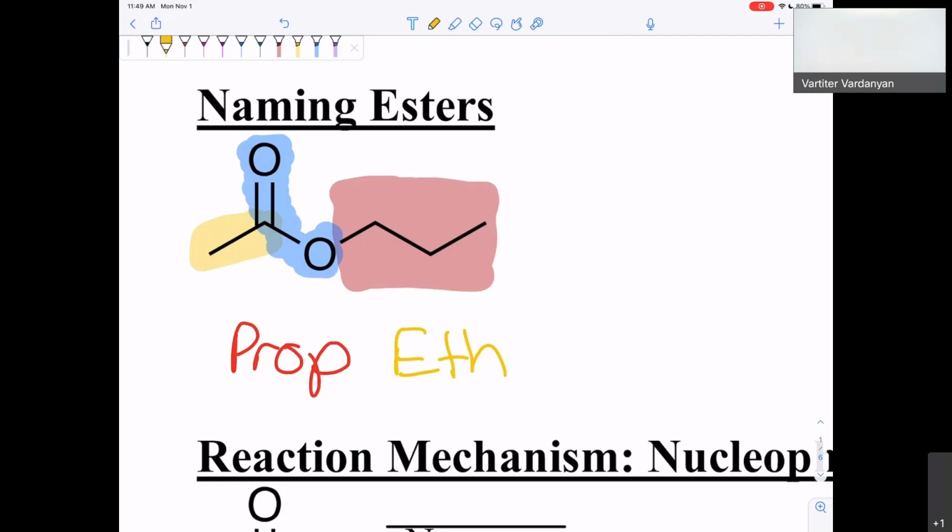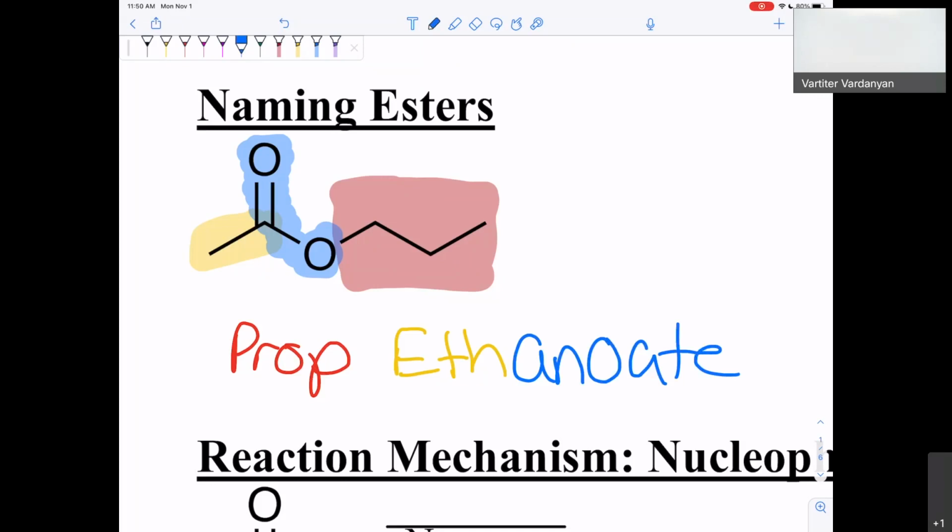It has an "and" in it, but there's more to it. No, the anhydride was the double ester looking thing. So when we're naming esters, the suffix for an ester is "oate."